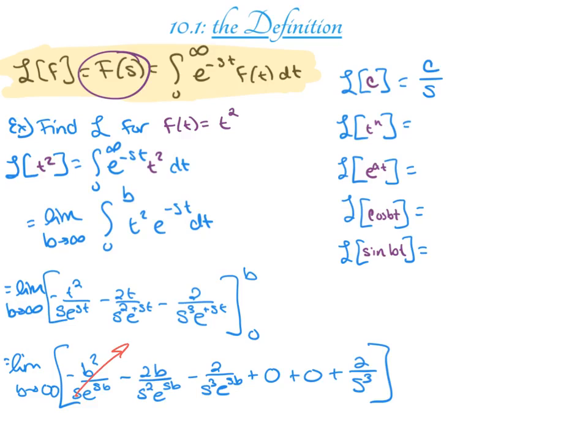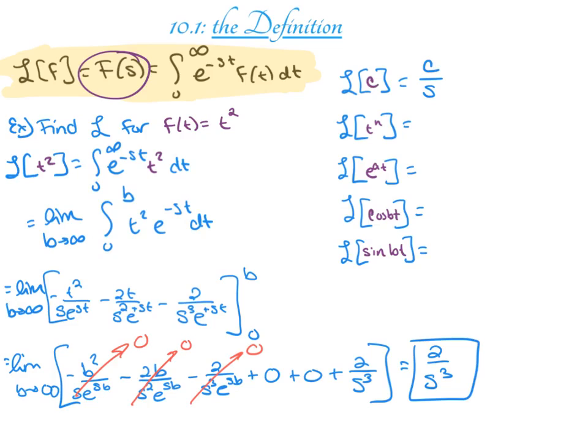So all of these first three terms, as b goes to infinity, the denominator overtakes the numerator quickly, and they all go to 0. But this last term, 2 over s cubed, doesn't have any b's in it at all. So now it's the limit of a constant. So we have 2 over s cubed.